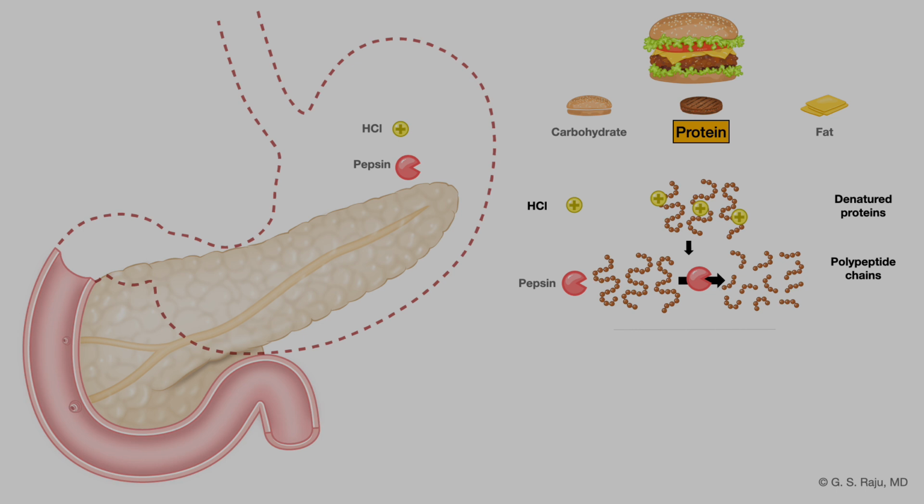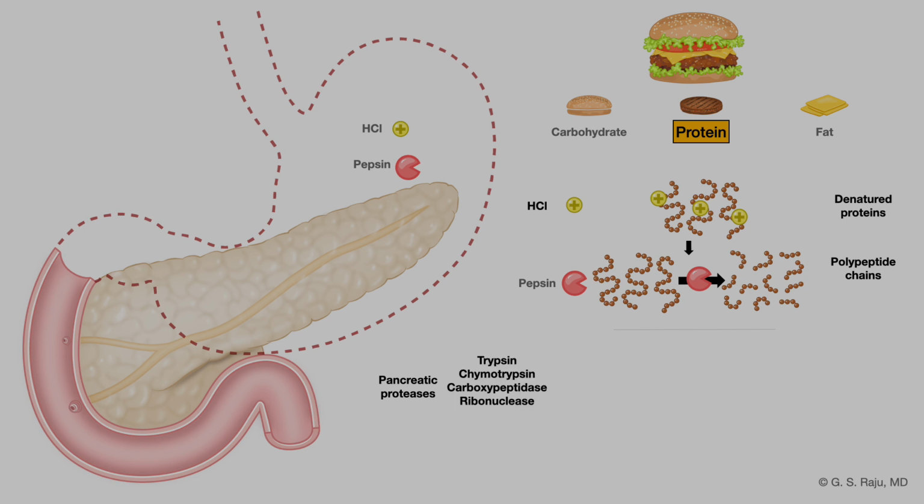The next step of protein digestion happens in the duodenum from pancreatic proteases. And the pancreatic proteases consist of the main enzyme, trypsin, which is secreted as trypsinogen, an inactive form from the pancreas, by the effect of enterokinase. Trypsinogen becomes trypsin, and then the trypsin starts activating every other enzyme that is secreted in an inactive form.